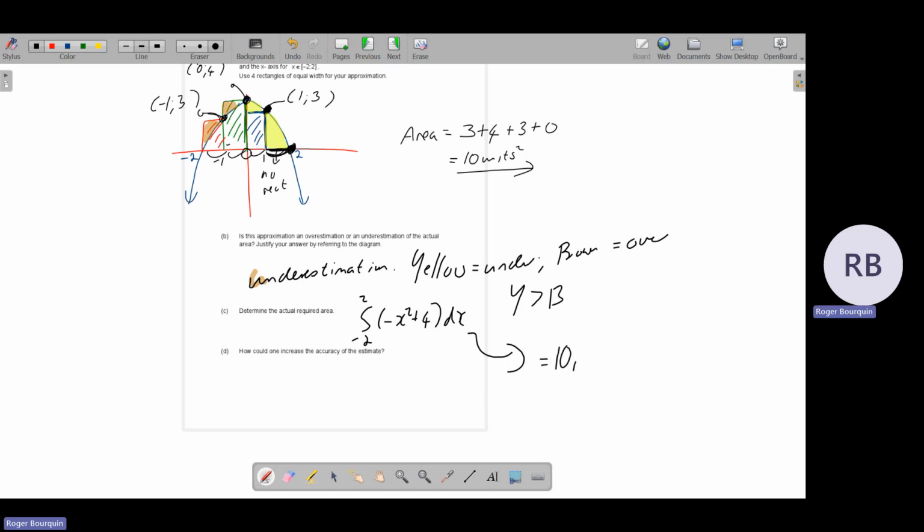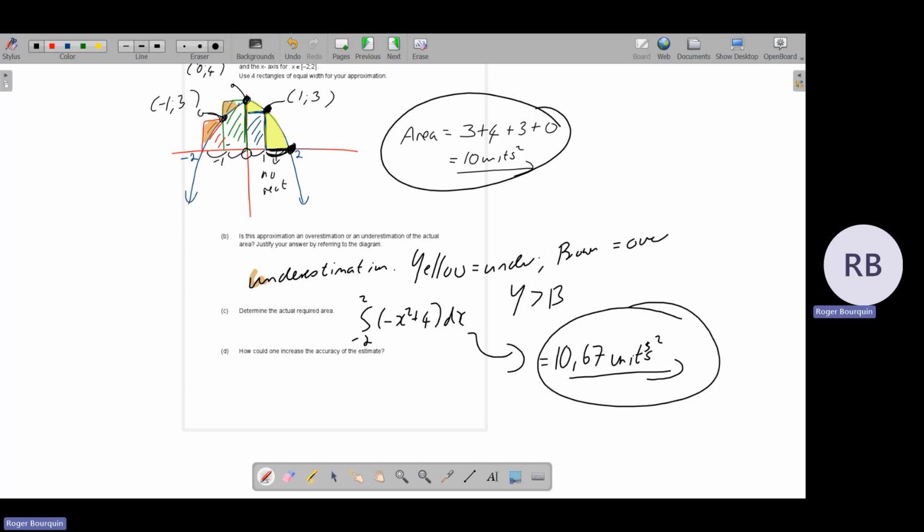Right, is 10.67 units squared, which confirms that our guess was less than reality. Okay, so our estimation was an underestimate.